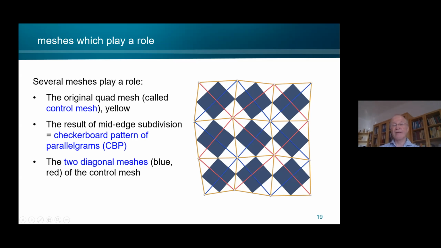So recall that in each face, the edges of these parallelograms are parallel to a diagonal in a quad face, and the diagonals in these quad faces can be arranged into two quad meshes shown here in red and blue, and I will call them the diagonal meshes.